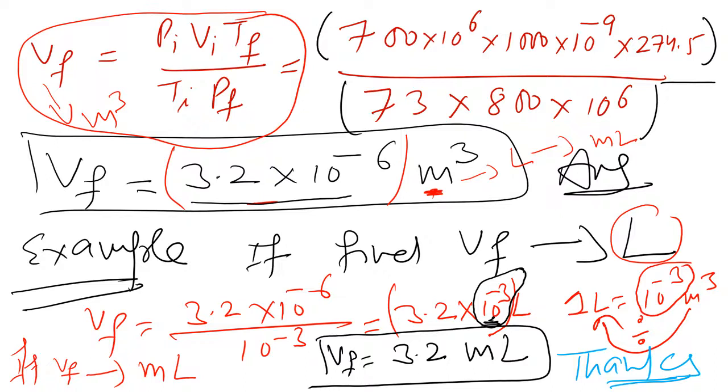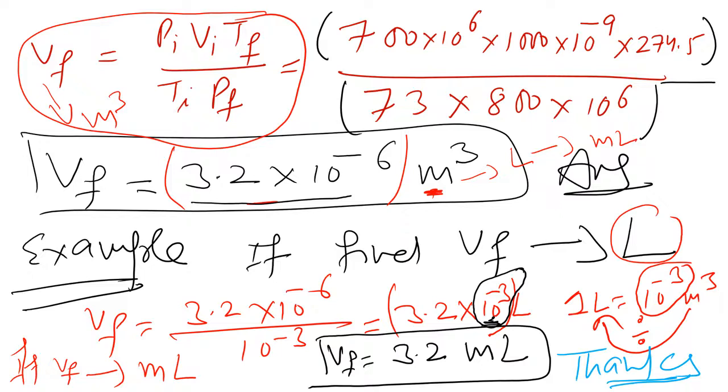Let us suppose the question says to find this volume in the unit of milliliter. First you change this to liter like this, and then liter to milliliter. From here I can see it is coming 10 to the power minus 3, and 10 to the power minus 3 means milli.